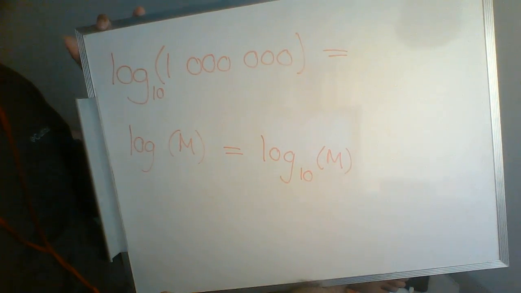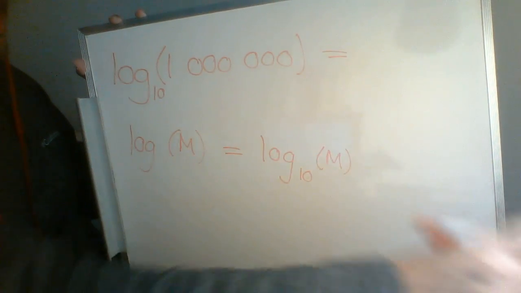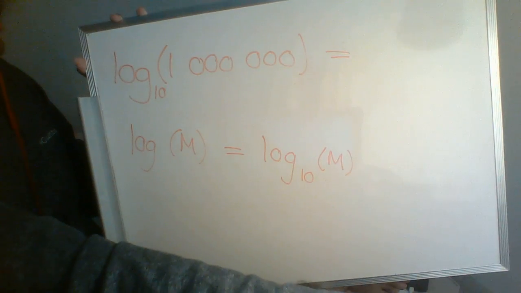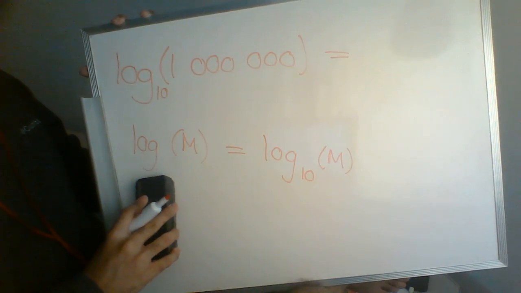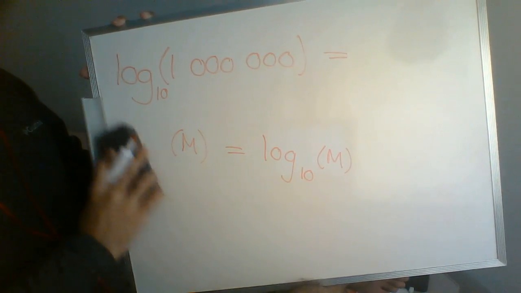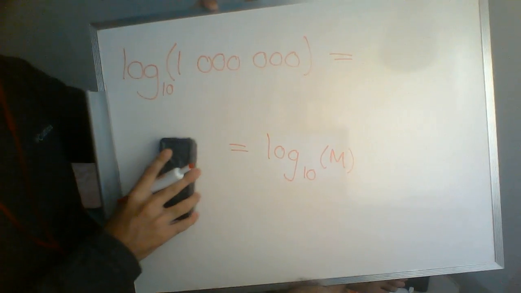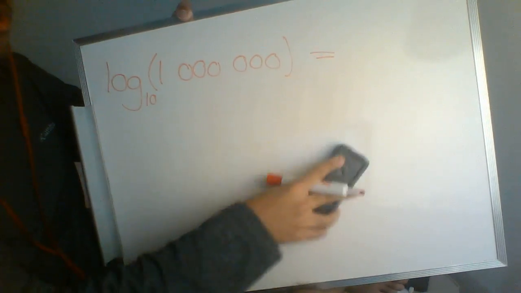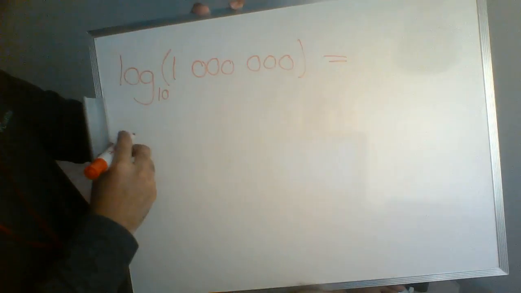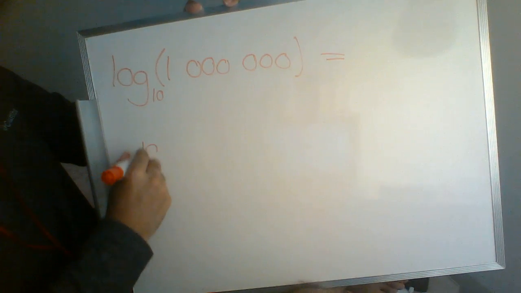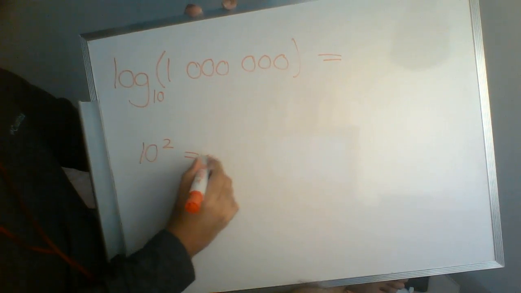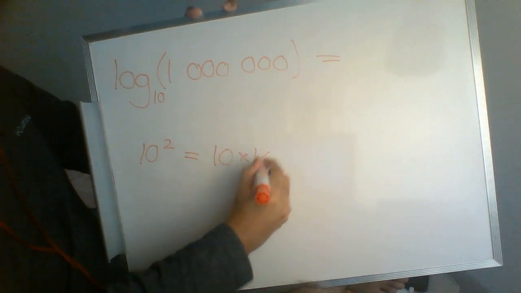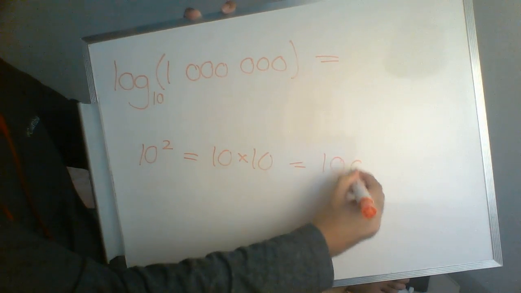Now there are two ways to go about getting the answer when your base is 10 and your number is something like this. And the way you could do that is just exploring multiplication patterns for 10. Right? If I had 10 squared, that would equal 10 times 10, which is equal to 100.